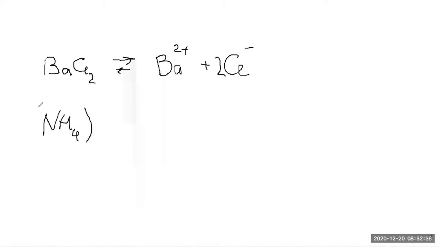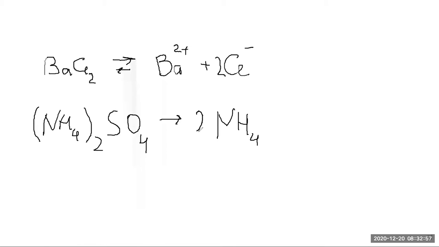NH4 is a composite ion which behaves like sodium or potassium, a single charged positive ion. So when it dissolves, we have two ammonium ions. I took ammonium instead of sodium because it dissolves much faster, so it saves our time.